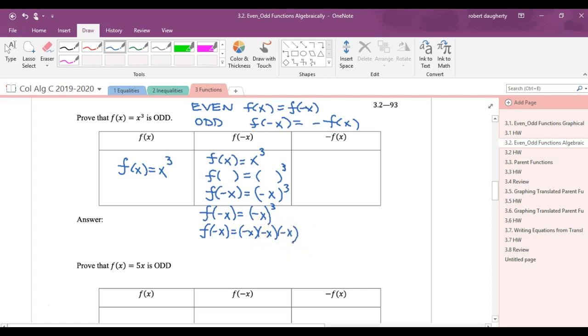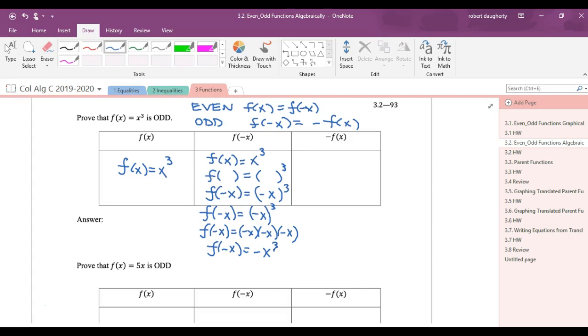How many negatives are there? 3. So if you got 3 negatives, you're going to end up with a what? A negative. So f of negative x equals negative, and then what's x times x times x? X cubed. Okay. So f of negative x is negative x cubed.